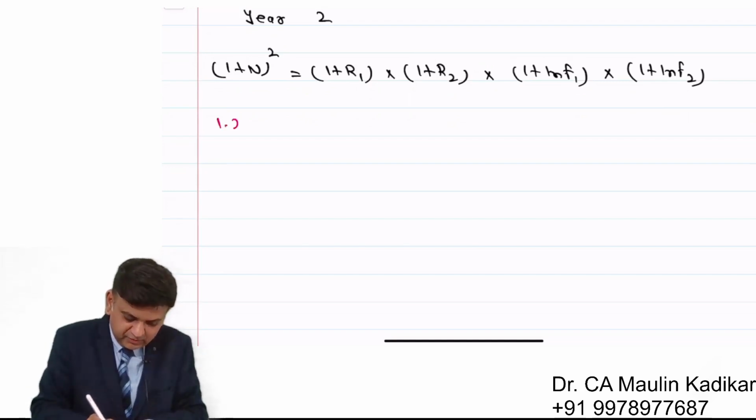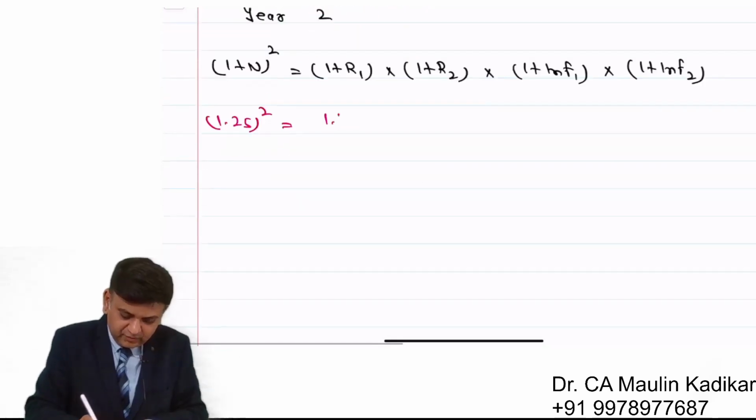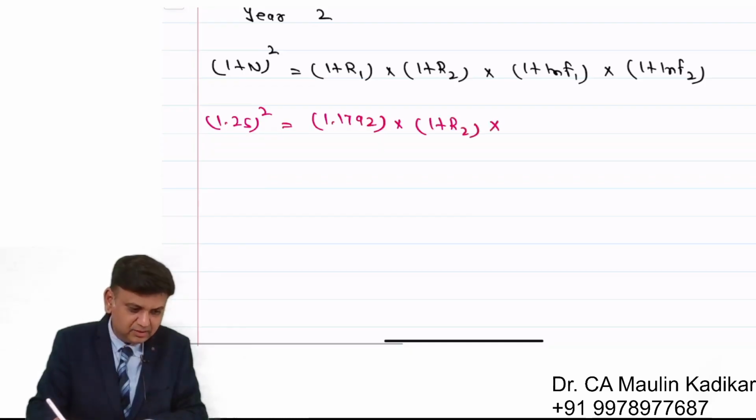So it is 1.25 raised to 2, 1.1792, 1 plus r for the second year. First year inflation rate is 6%.